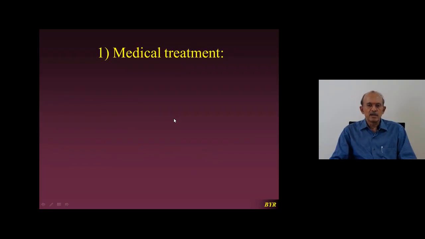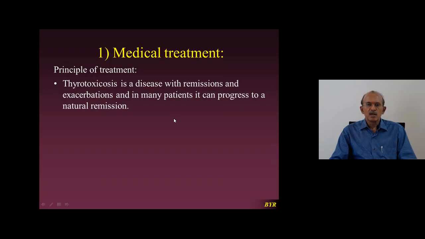Medical treatment. The principle of treatment: Thyrotoxicosis is a disease with remissions and exacerbations, and in many patients it can progress to a natural remission. We have seen that primary thyrotoxicosis is an autoimmune disorder where thyroid antibodies called the TSH-RAB act on the TSH receptor cells and activate the thyroid gland.